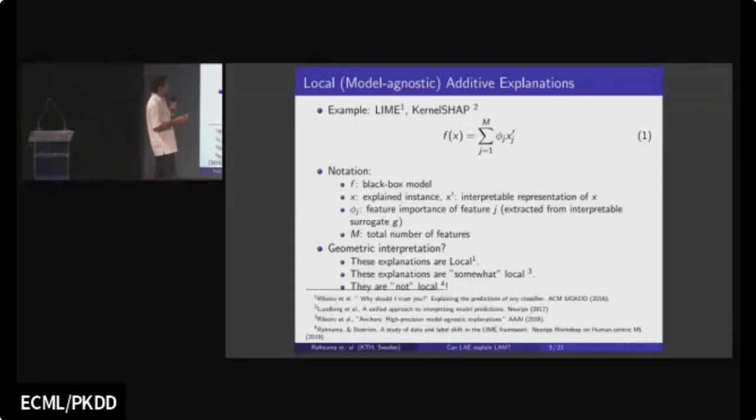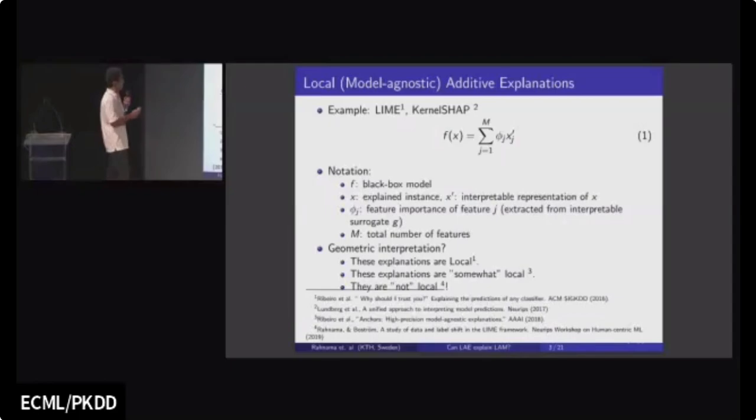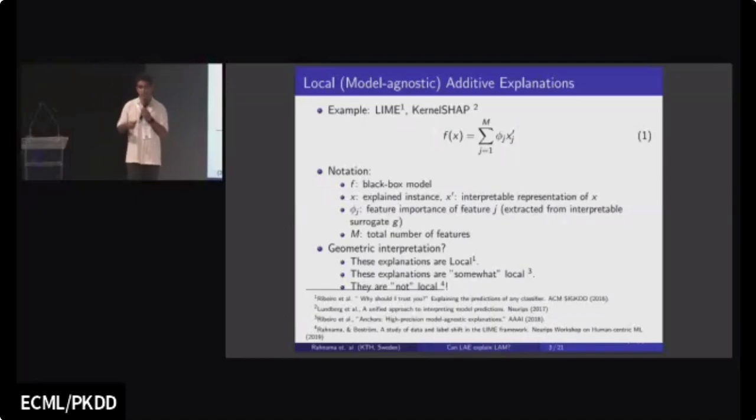And what you do is that you allocate phi j's, that is the importance of feature j, to an interpretable representation of x. It could be a superpixel, or it could be an interpretable binary representation in the tabular data, right? M is the index for the number of features. So this is how it looks. If you have 0.9 as predicted probability, it decomposes. If you have two features, for example, it's like 0.1 plus 0.8.